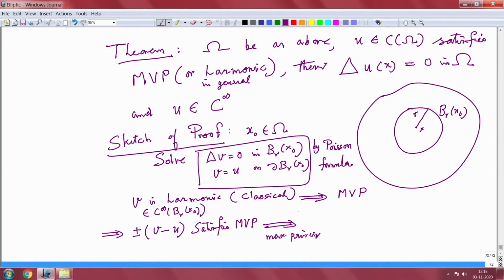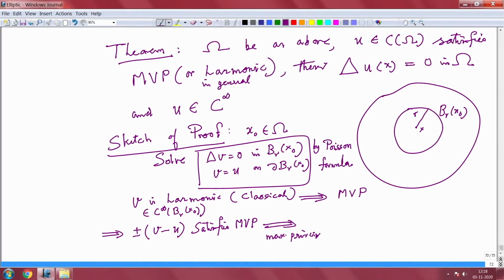The principle applies, and v equal to u on the boundary. Okay. So you can apply this to v minus u, which has the mean value property, but v equal to u on the boundary. You are applying the mean value property in the B_r of x naught, because we are working only on B_r of x naught.